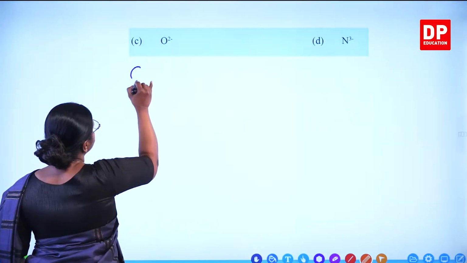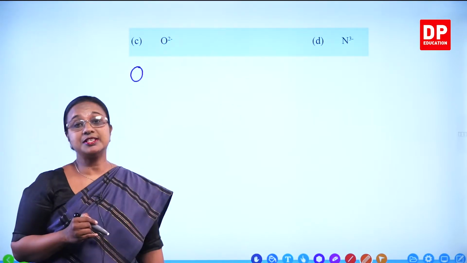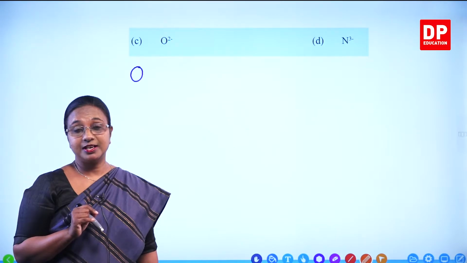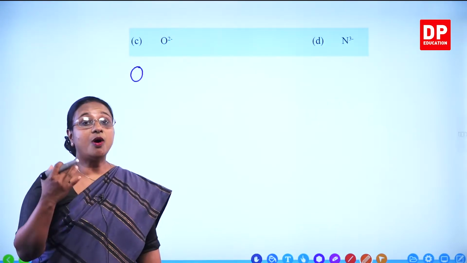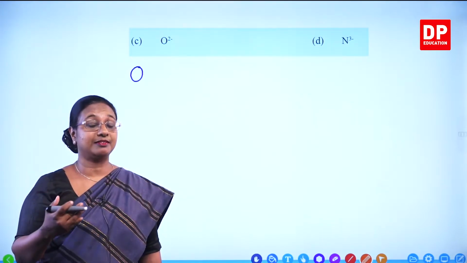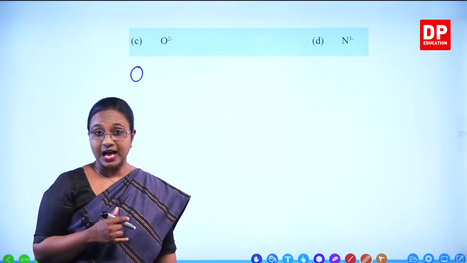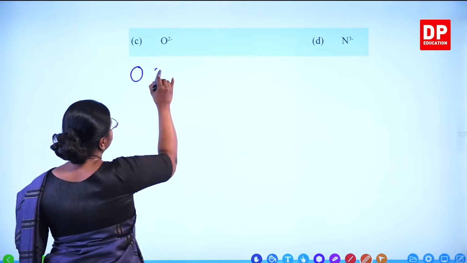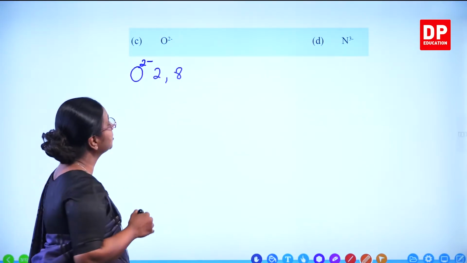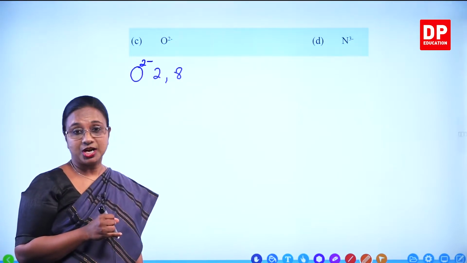So, then I will move on to the next one where we have O2 minus, oxide ion. Oxygen, you all can remember, students, atomic number 8. So, 2, 6 is the electronic configuration. But here, oxygen atom takes up 2 electrons or gains 2 electrons and forms the oxide ion. So, therefore, the electronic configuration becomes 2, 8 when there is 2 minus charges.